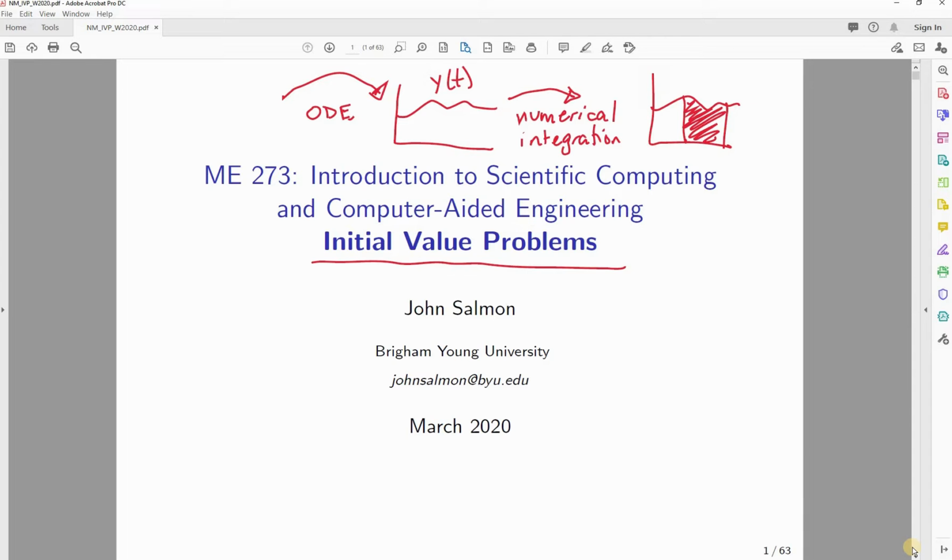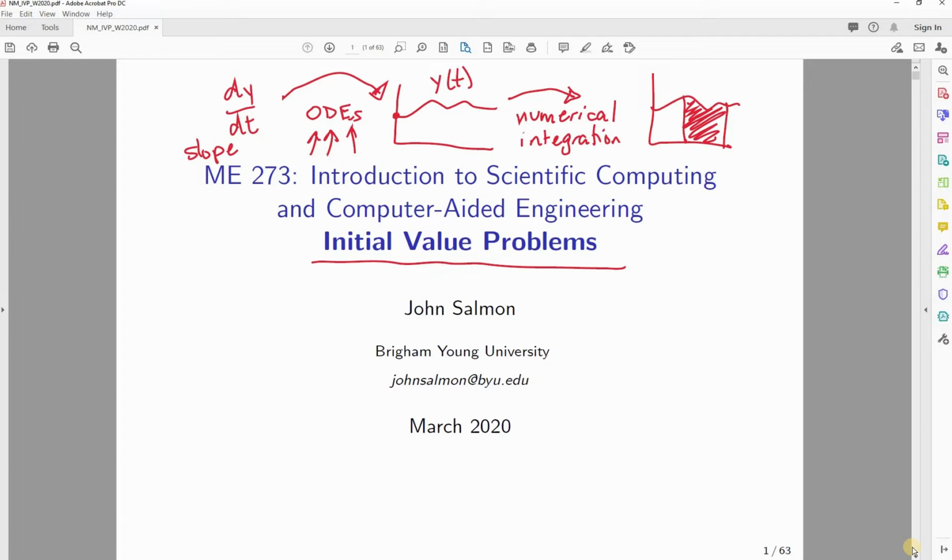And what they come from is dy dt, or some sort of function that is slope information in some way, all right? And so we're going to talk about all the methods that can be used for solving ODEs. And one type of problem for ODEs is called initial value problems, okay? And this effectively is that we know the initial point of some sort of function, but we don't know anything else.